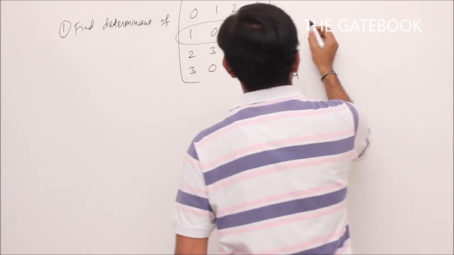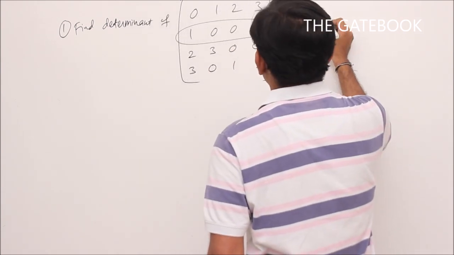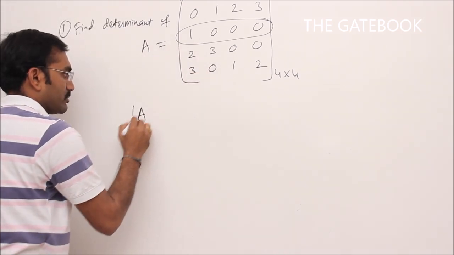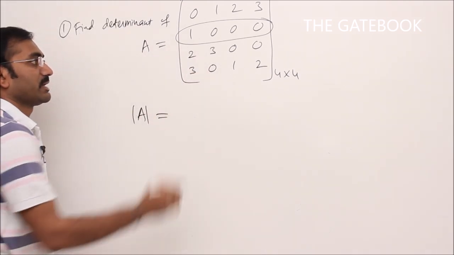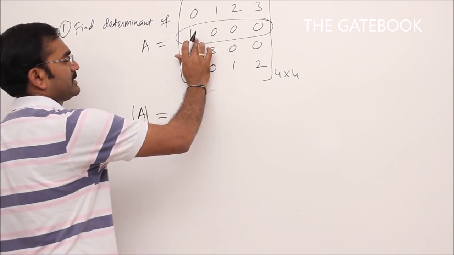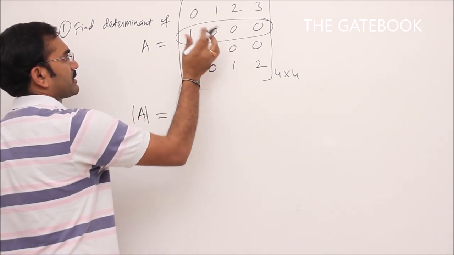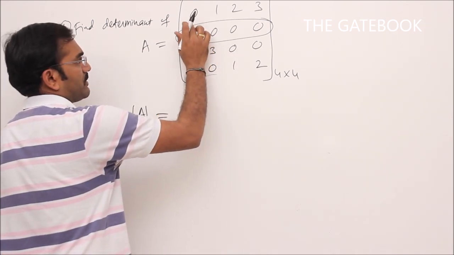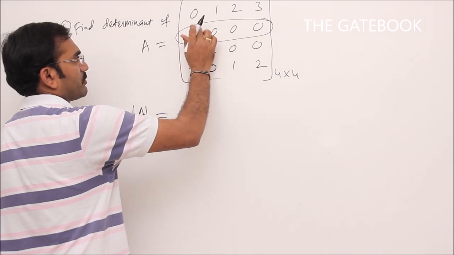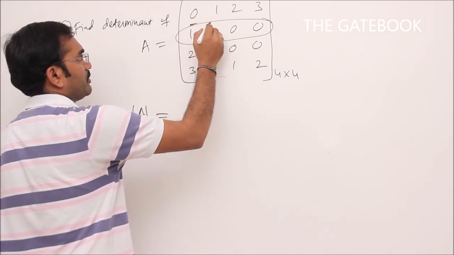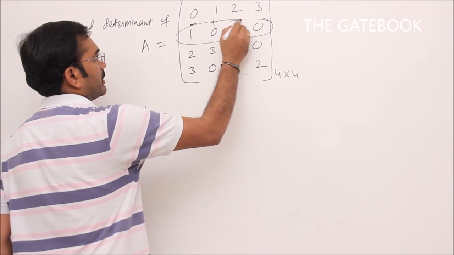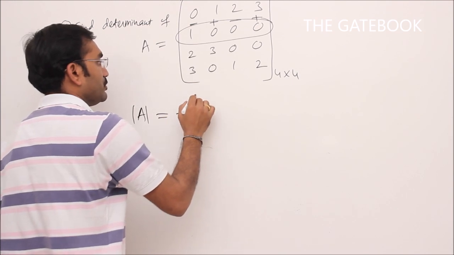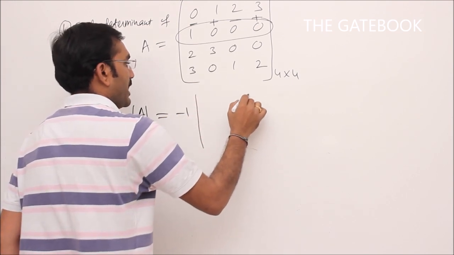So I can write, let us say this is A, determinant of A, expanding along the second row. So what about signs here? Signs of corresponding cofactors. So here we'll get the second row first column element, 1, with minus 1 whole power 2 plus 1, a negative sign. We'll get negative, positive, negative, positive. So that is minus 1 into the corresponding minor.